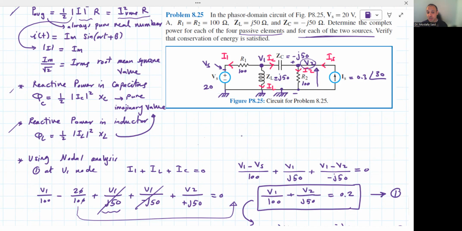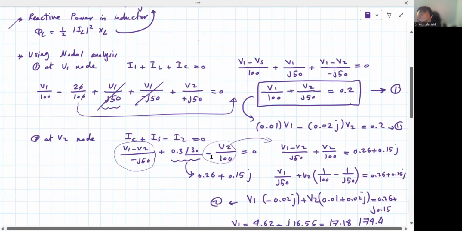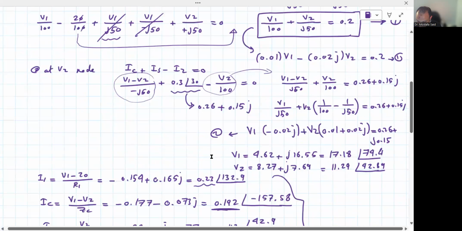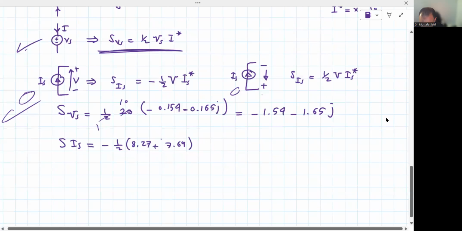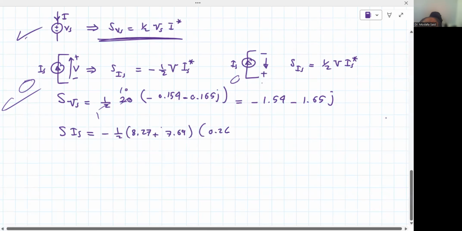That's if you want to do the conjugate on the polar form, but we always prefer the rectangular form because we're going to use the calculator. We already did the conversion, and it was 0.26 + 0.15j.